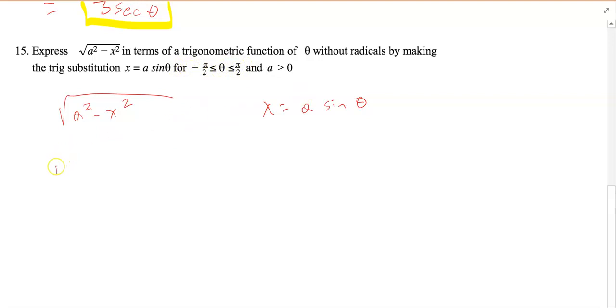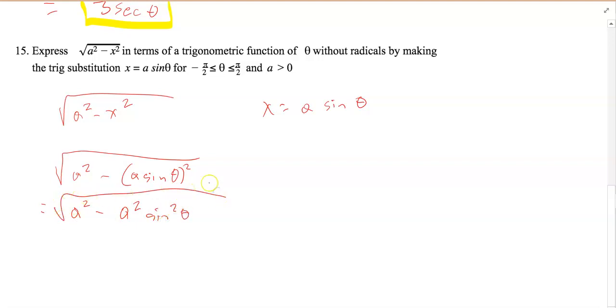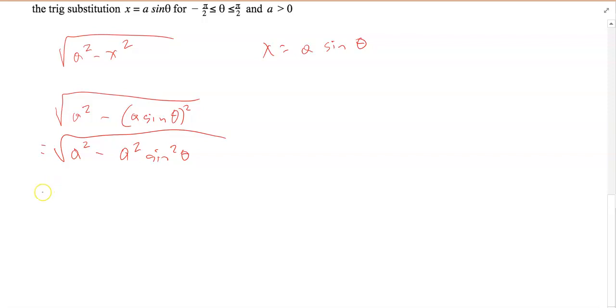So plug in x equals a sine theta, so that's a squared minus a sine theta, squared. And so that's going to be a squared minus a squared sine squared theta. If we factor out the a squared, we end up with a squared times 1 minus sine squared theta.